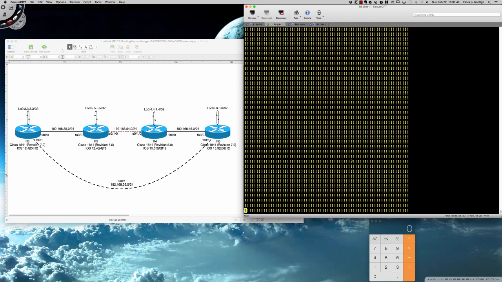And again, there are other settings called LFA, loop-free alternate, that both OSPF and EIGRP use today, that sort of mitigate the differences in the convergence time.